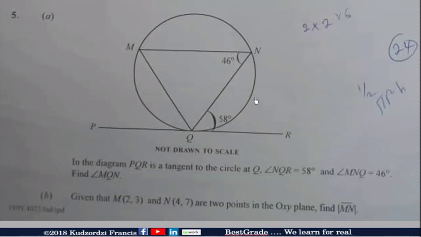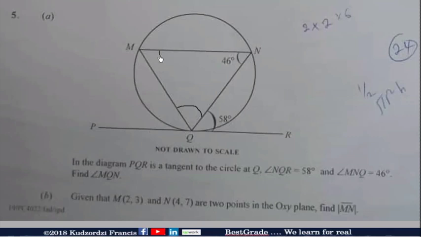Find angle MQN. So we are looking for this angle over here. Now what we need to do is to use the fact that this is a tangent, therefore the alternate segment theorem can be applied over here.